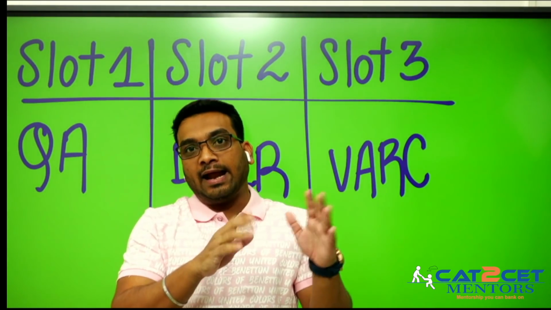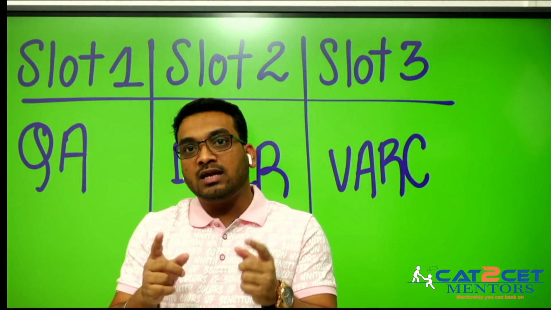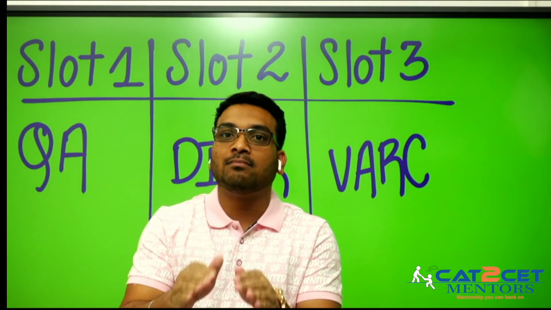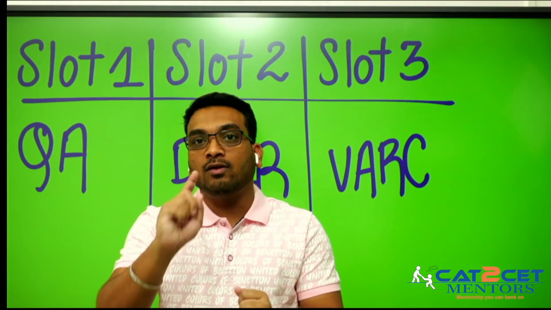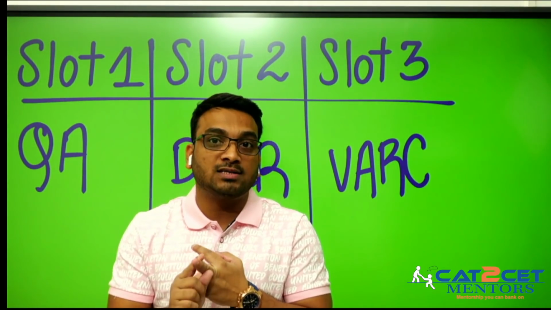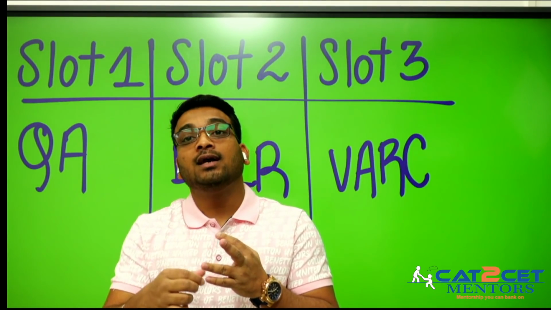But on the other hand, this argument has a different side also. If I'm losing a bit of marks in the Quant section in slot 1, I'm also gaining some marks in VARC and DILR in slot 1. In slot 2, if I'm losing some marks from DILR, I'm also getting some marks from VARC and Quants.